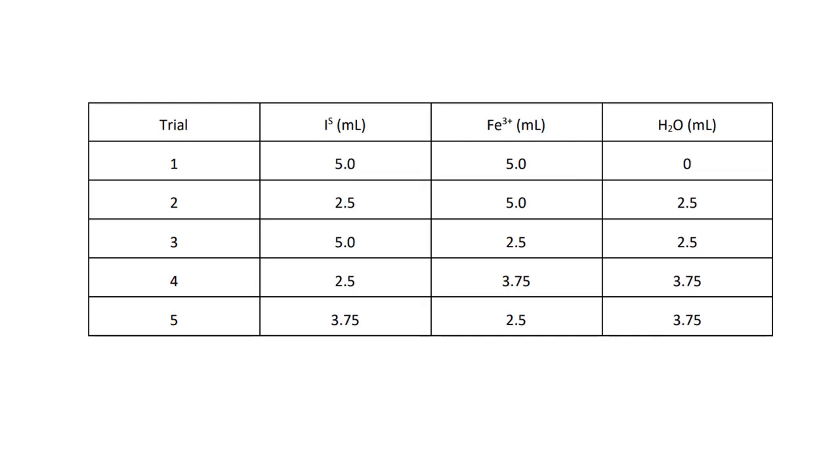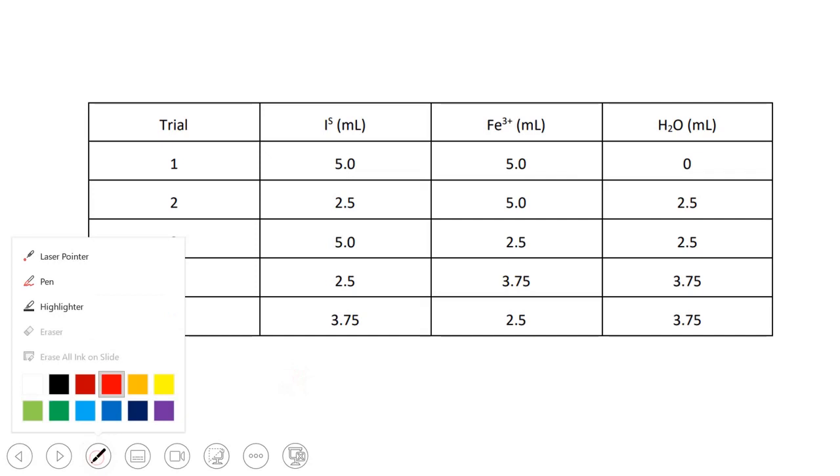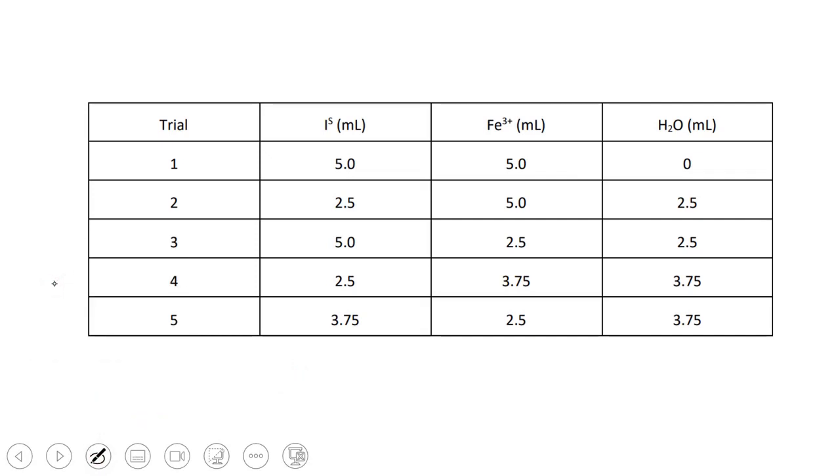If you look at each of these trials here, what you will notice is for each one, there is the same amount of solution. In trial 1, 5 milliliters of iodide and 5 milliliters of iron and no water, 5 plus 5 is 10 milliliters.